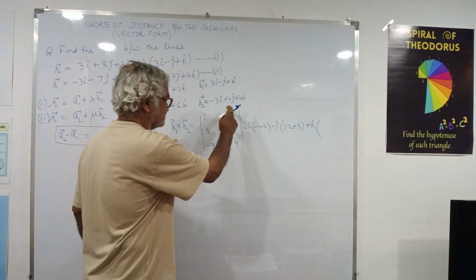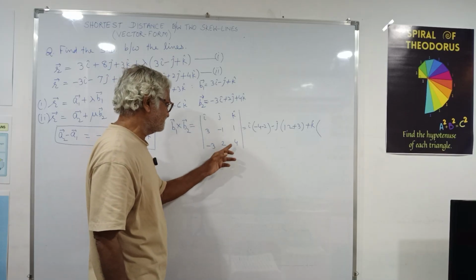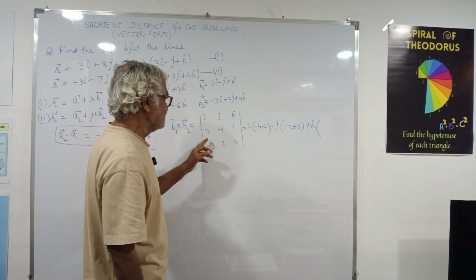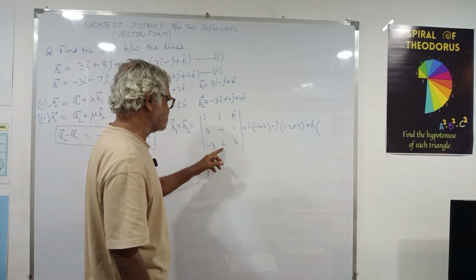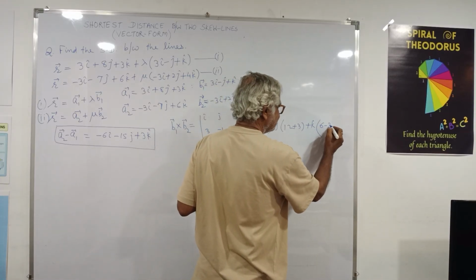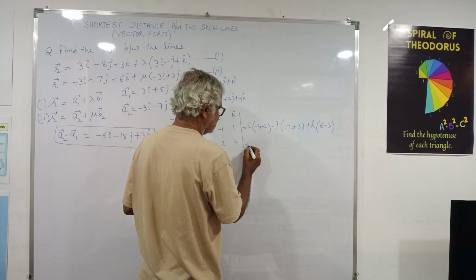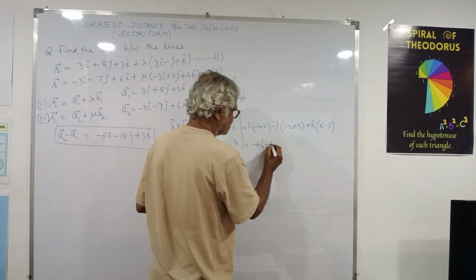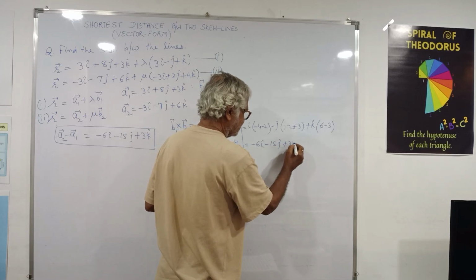Suppress the third column and first row. So 6 plus 3, so this becomes minus 3. So our b1 cross b2 is minus 6 I cap minus 15 J cap plus 3 K cap.